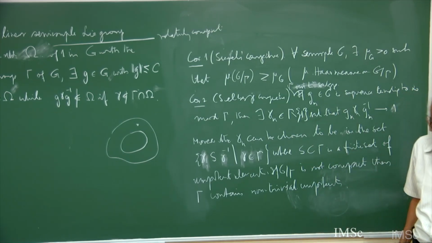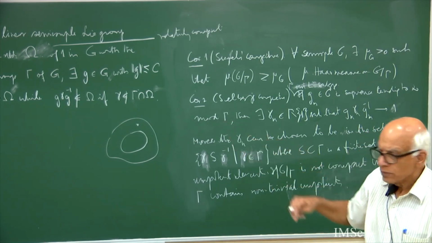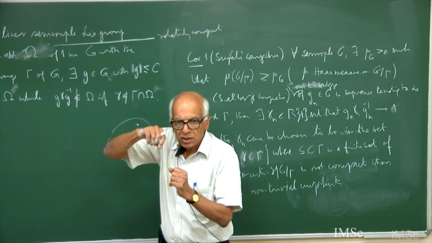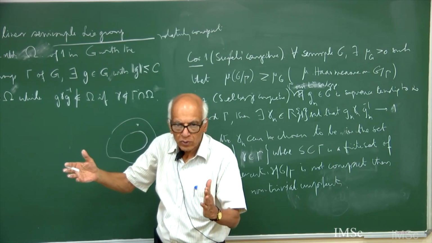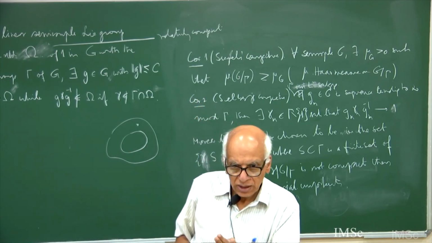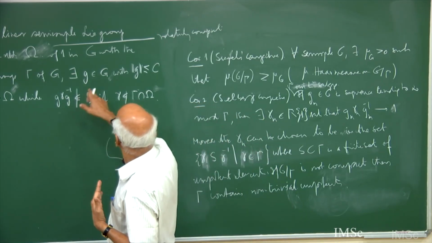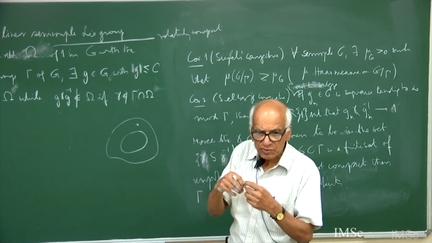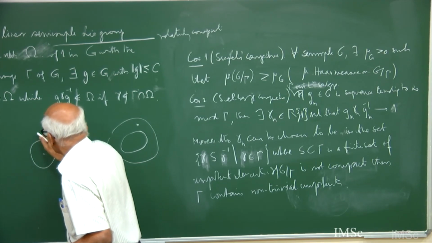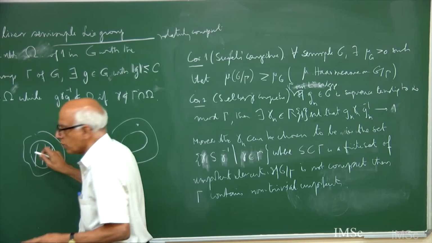How is it shown? Can you repeat the argument? How I showed it? I used this lemma. You start doing this, and at the last stage everything goes out of omega. At the penultimate stage, since you are conjugating by an element g with norm g less than or equal to C, it will still avoid a certain neighborhood of the identity.